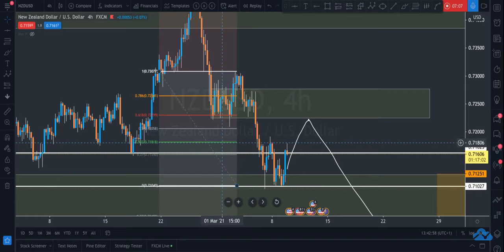Okay, if you see now, it just almost retested here.